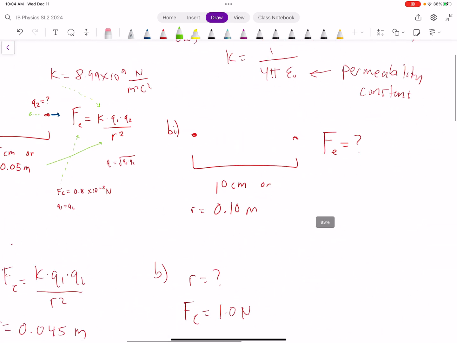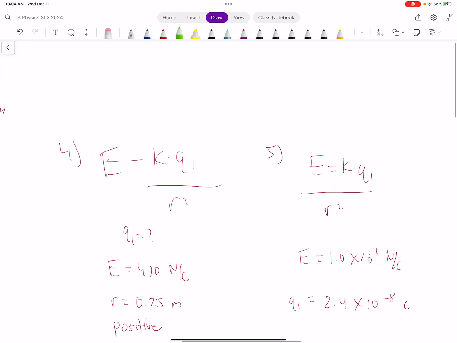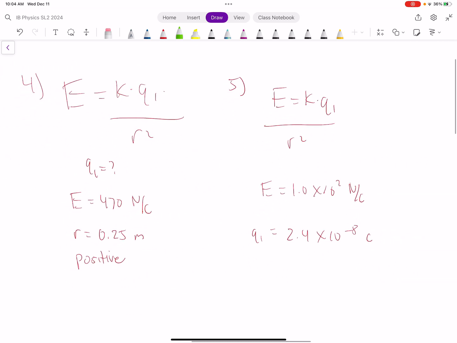I'm not going to spend a lot of time on this because it's the same equation again, but for electric field, and we have just two things put in here. Now, the electric field given is positive.